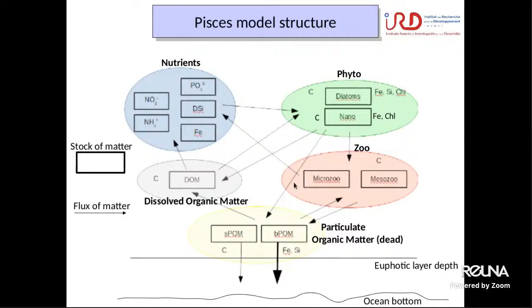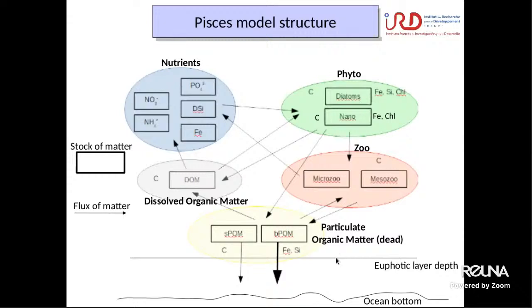Then zooplankton, when they grow, they eat phytoplankton. They produce excretion and exudation, so they directly produce nutrients, in particular ammonium. But they also produce fecal pellets, which produce a flux to the particulate organic matter.